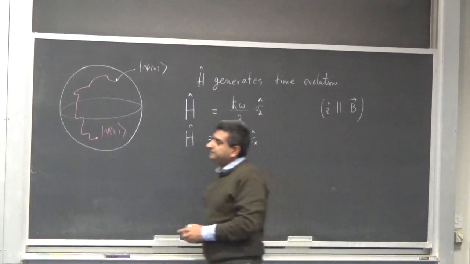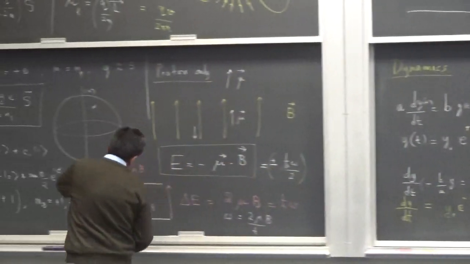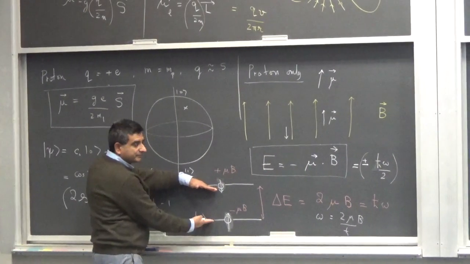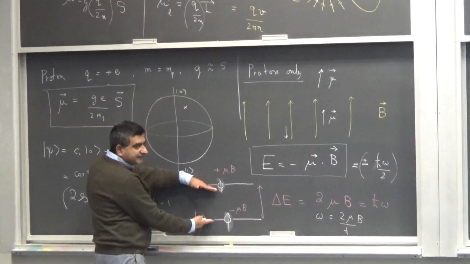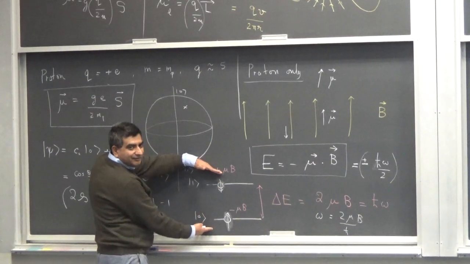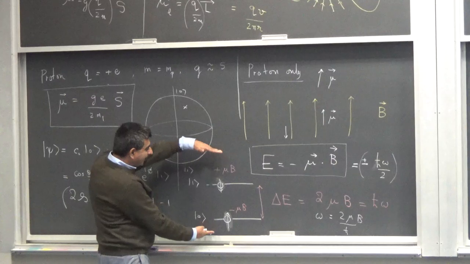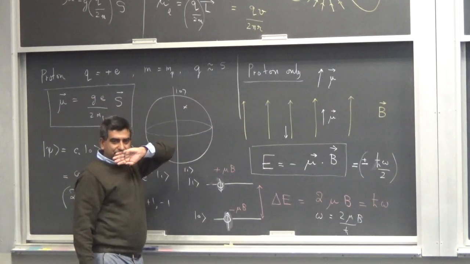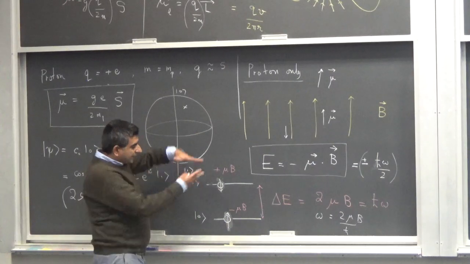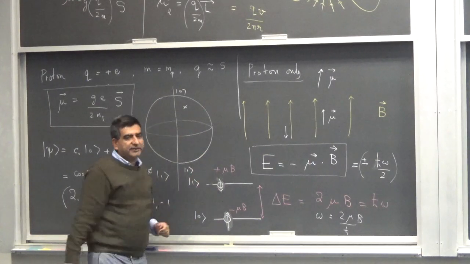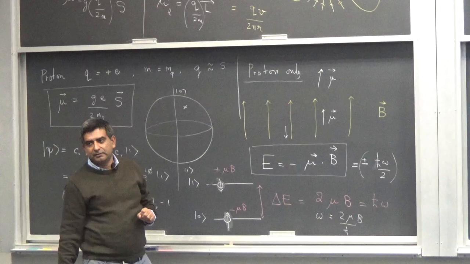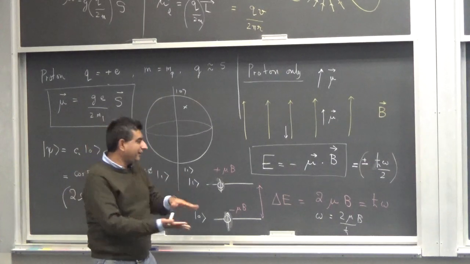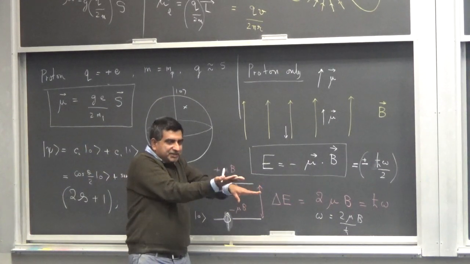So coming back to this example here, two energy levels, if the magnetic field is higher, this gap is going to get higher. Higher and higher as the magnetic field goes up. Okay? So the gap is proportional to the magnetic field. That's called the Zeeman effect. If there is no magnetic field, then these two levels are going to be degenerate.